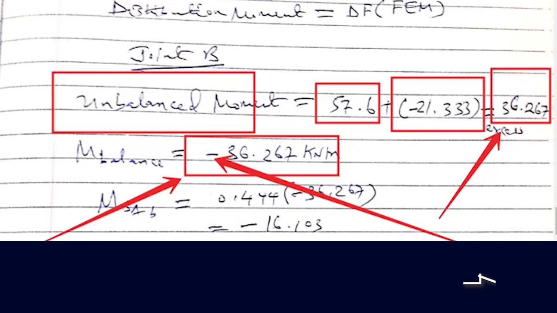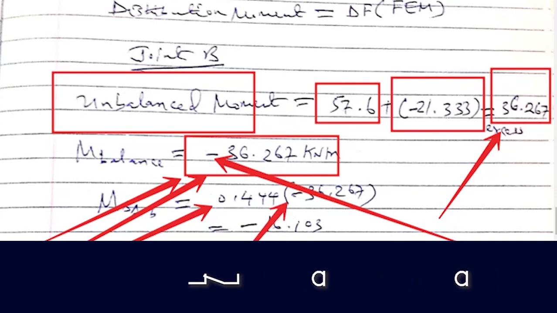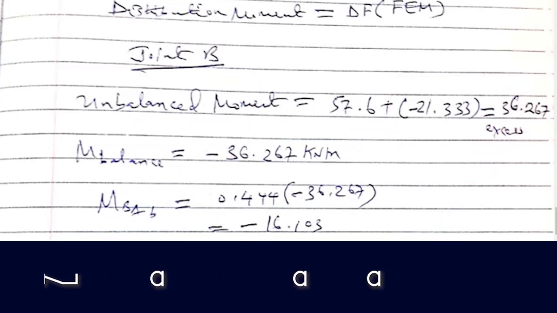Take this excess of the moment, which is negative, times the distribution ratio. For the left, the ratio is about 0.444, times negative 36.27.